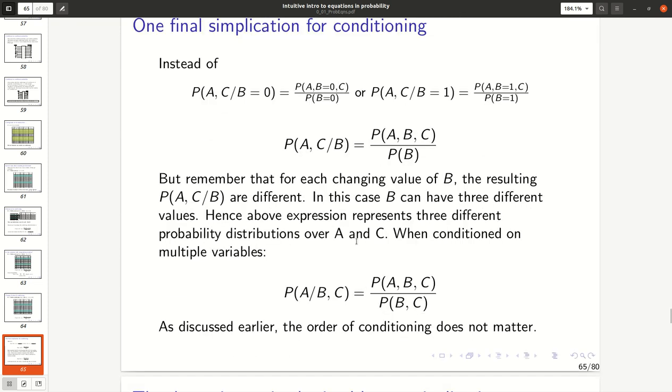When we condition on multiple variables, like the probability of A conditioned on B and C, we can express it like this. As discussed earlier, the order in which the conditioning is applied does not matter, so we can write it as P of A given CB as well.